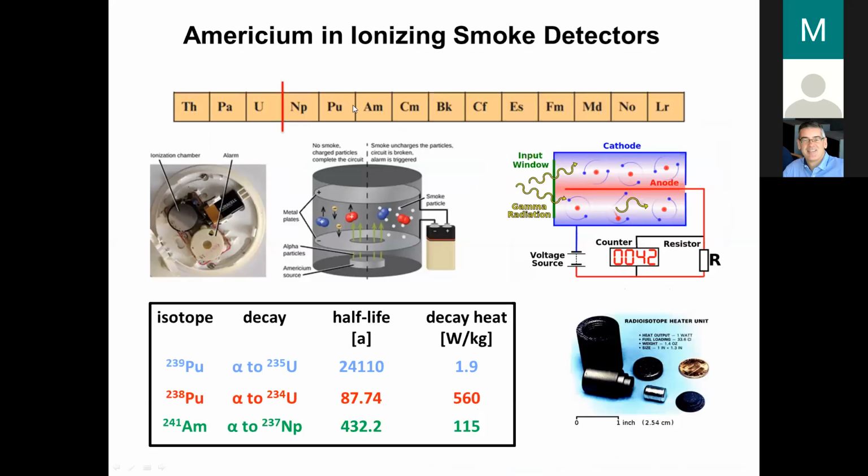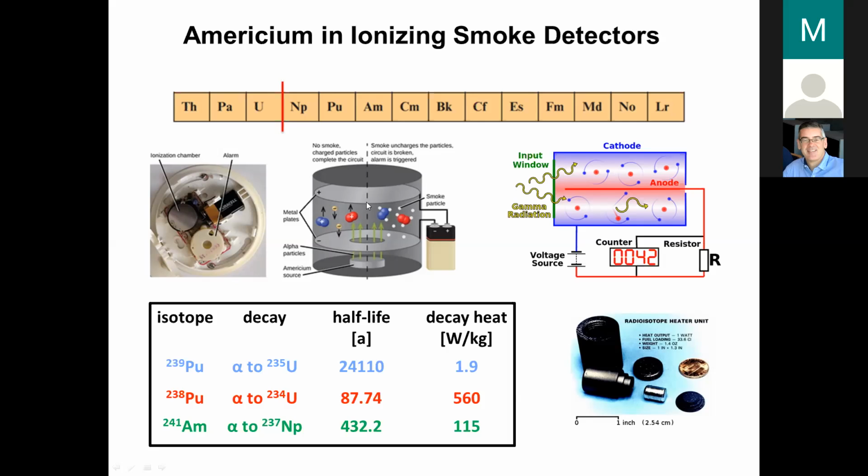After plutonium, the next transuranic element is americium, and most of you probably have seen the most prominent application of americium before. It is ionizing smoke detectors. So these heavily rely on the continuous alpha particle emission of a sealed americium source, which is tied up to an ionization chamber in which a gas separates two electrodes from one another.